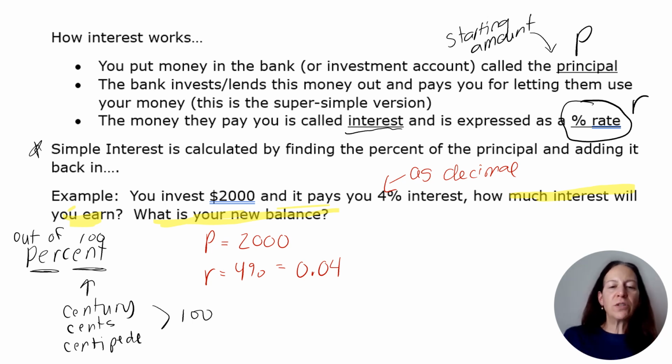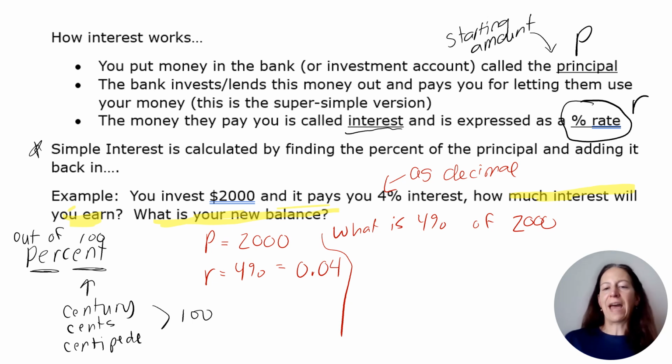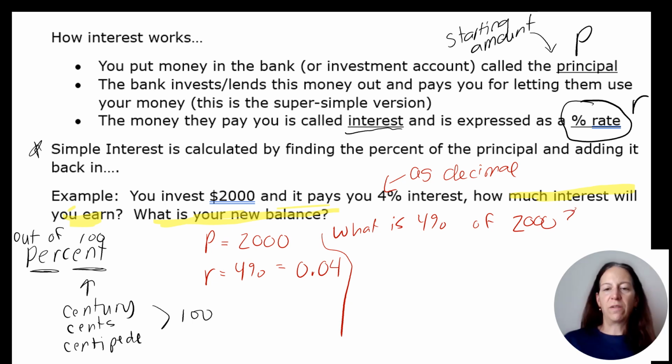And so we want to know what is 4% of 100, or no, not 100, it's 2,000. Whoops, what is 4% of 2,000? And when I taught middle school, I used to take that and translate it into an equation.